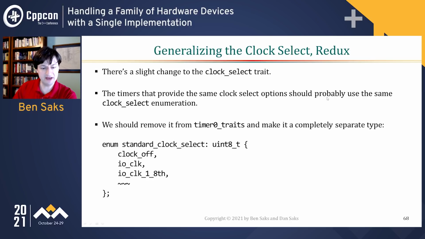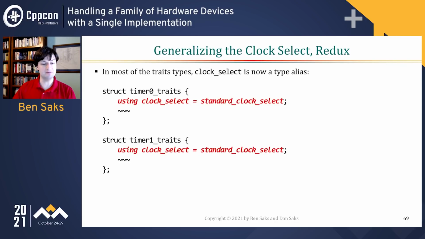So it probably makes sense for those types to actually be using the same enumeration type. So what I'm going to do here is pull the clock select options that are shared amongst several timers out into its own separate type called standard clock select.